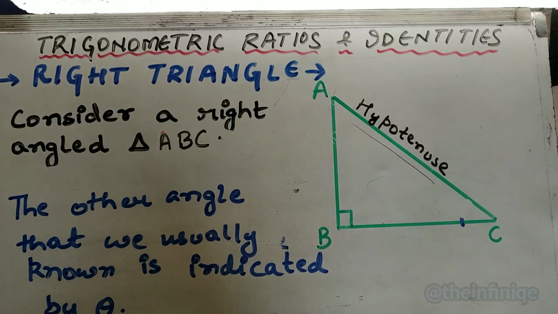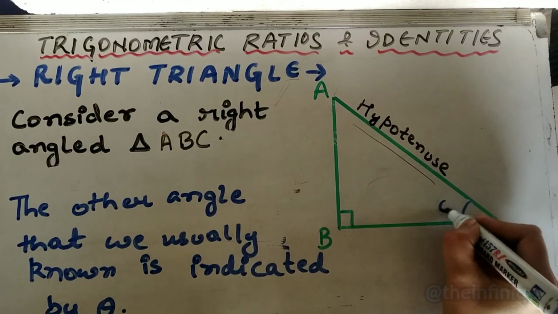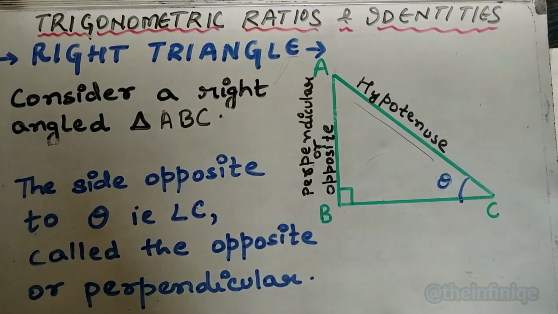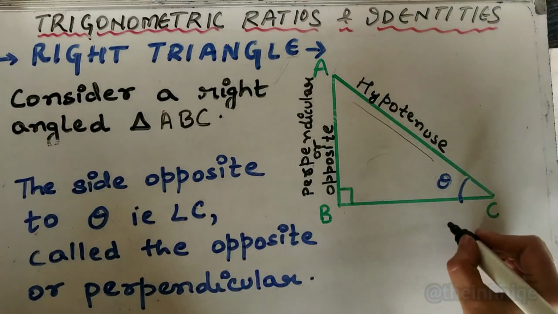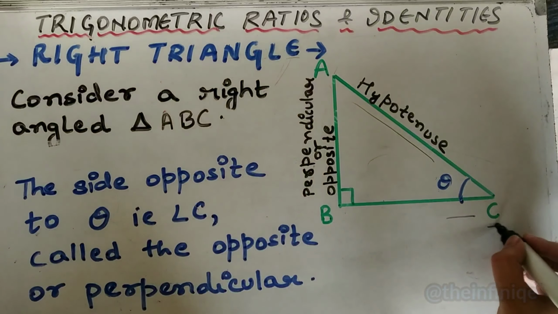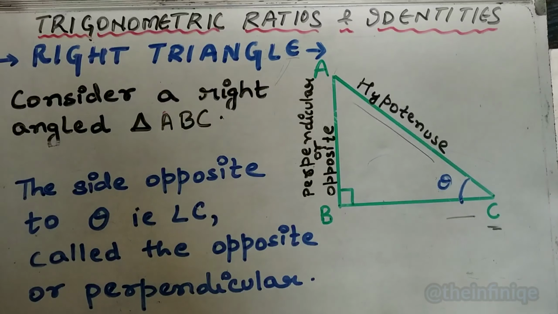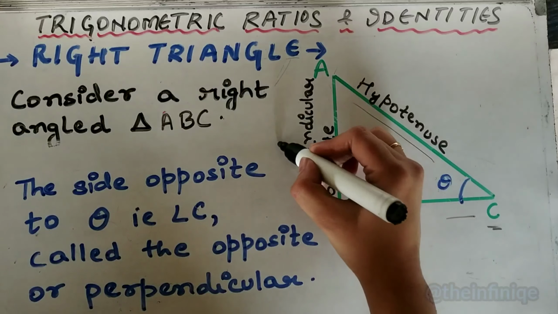So let angle C be given, which is indicated by angle theta. Then the side opposite to angle theta, that is angle C, is called the opposite or perpendicular.